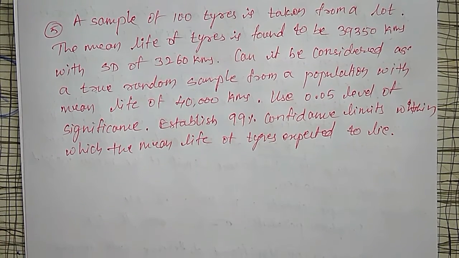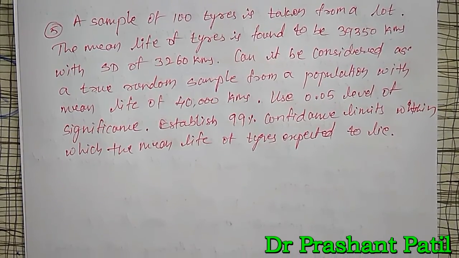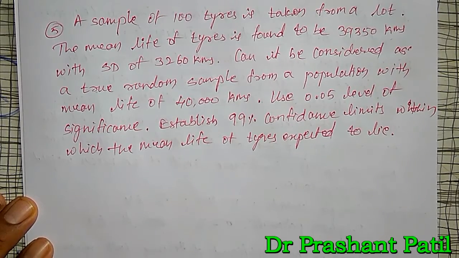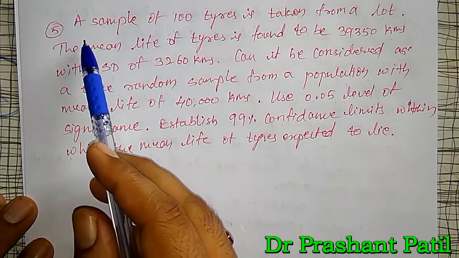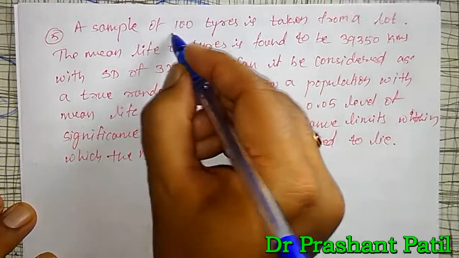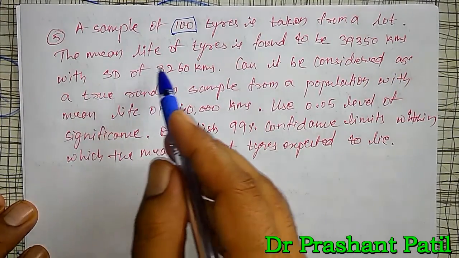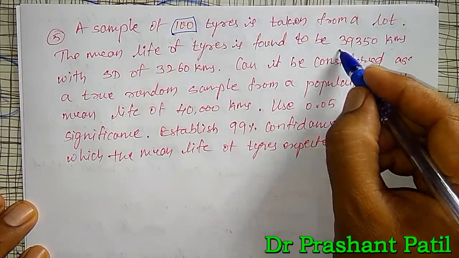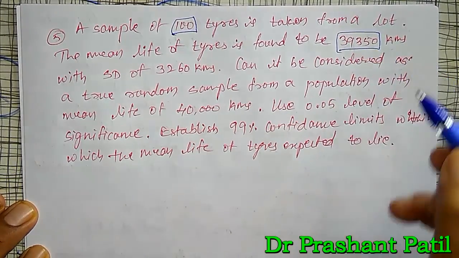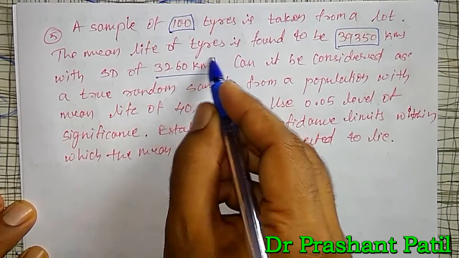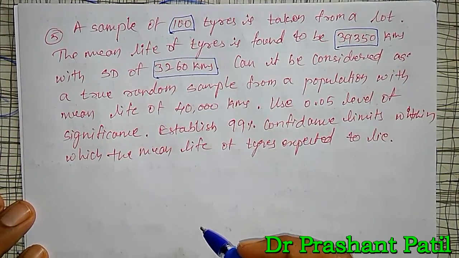Another example on testing of significance for the difference of means, sorry, a single mean, I am discussing here, and also finding the confidence limit. A sample of 100 tires is taken from a lot. The mean life of the tires is 39,350 kilometers with a standard deviation of 3,260.